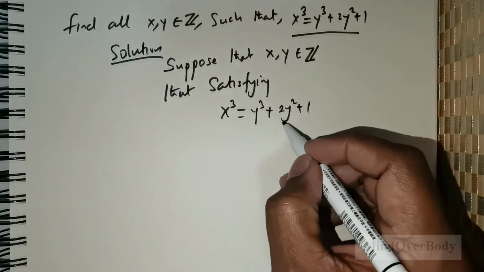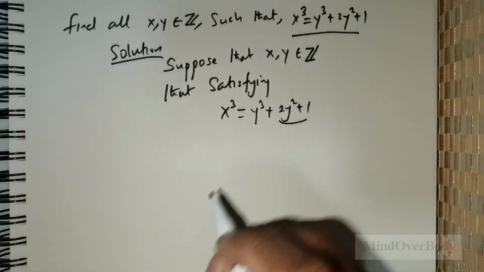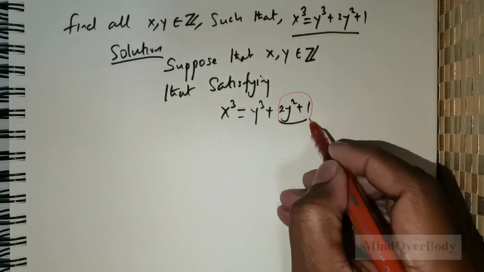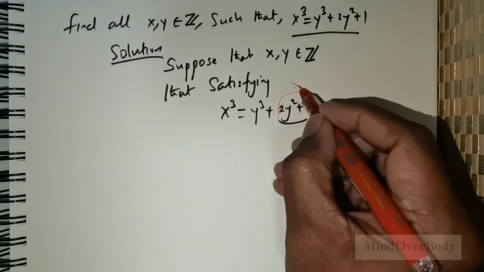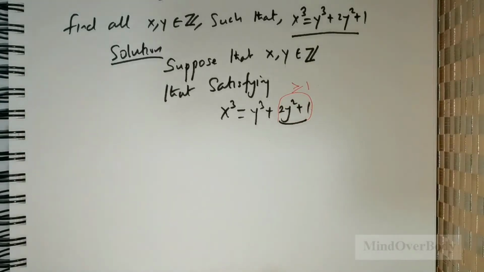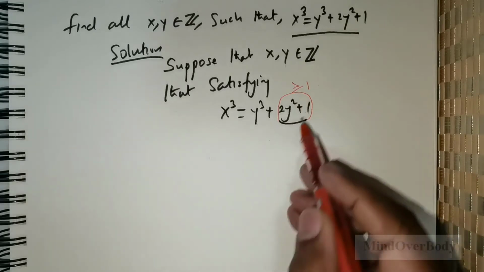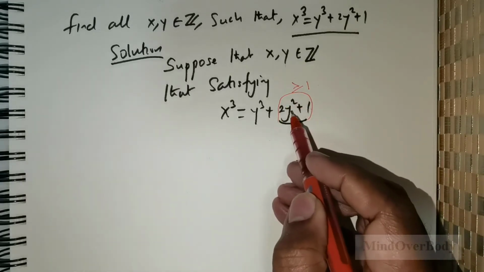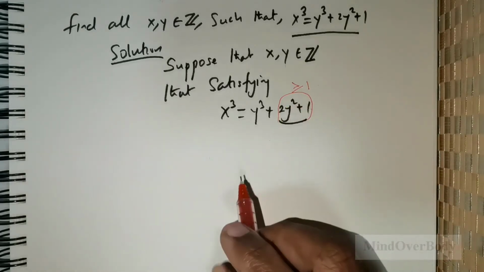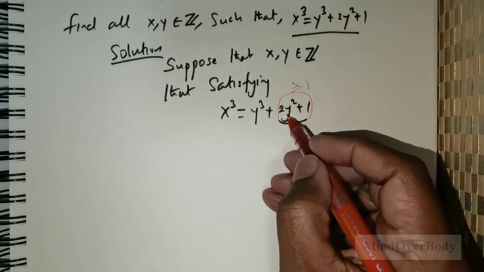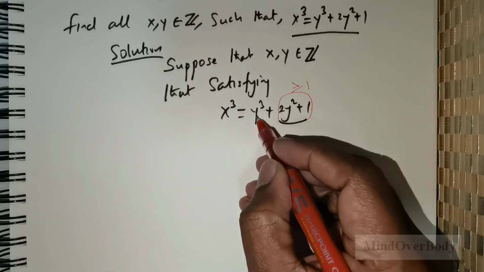Now clearly, even for the smallest y, 2y squared plus 1 would be greater than or equal to 1. And to that you are adding y cubed.